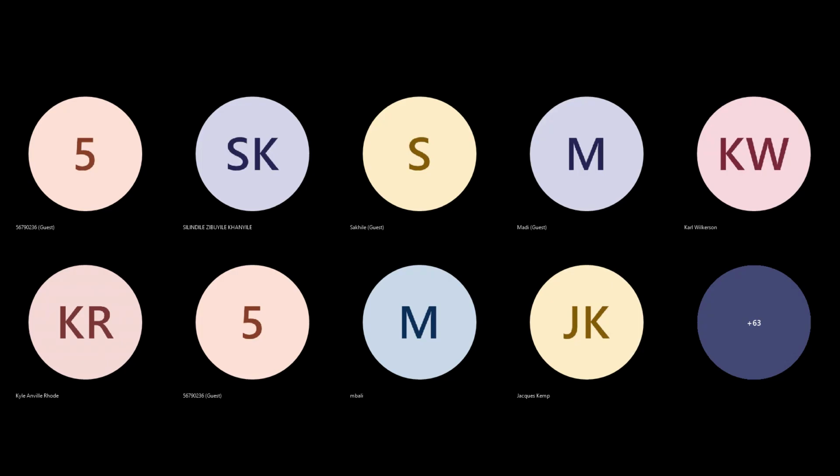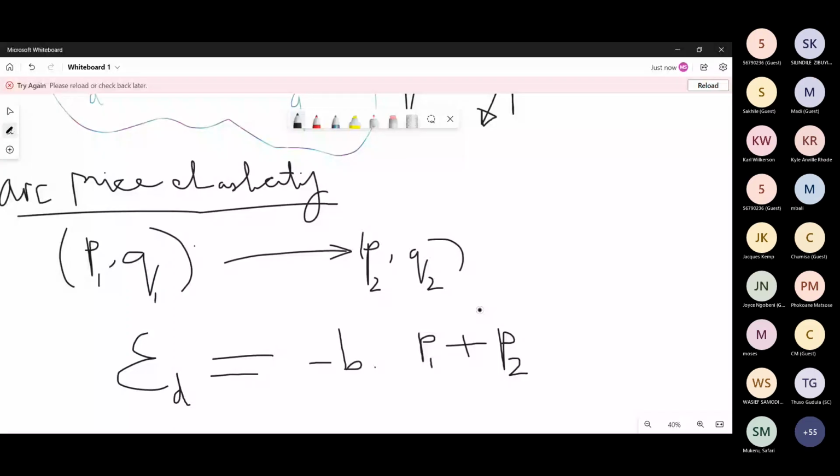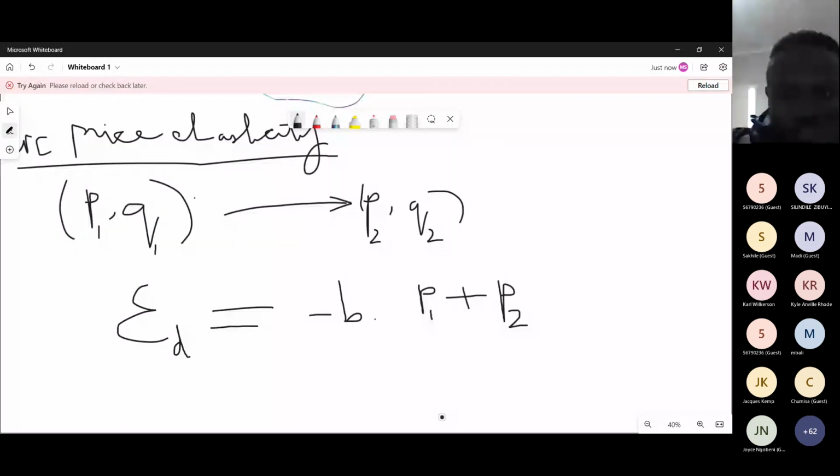I will stop sharing now for everybody, right? And start to share again the screen. Please tell me if you can see the screen now, please. Yes, you can see it now. Okay, good. Wonderful.